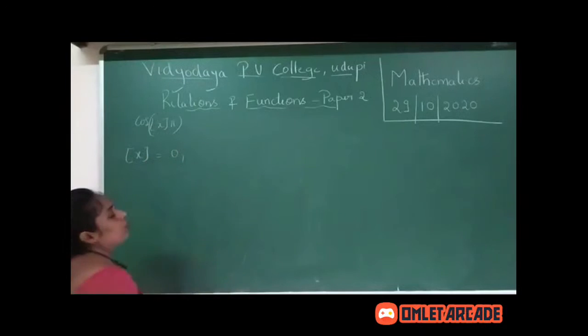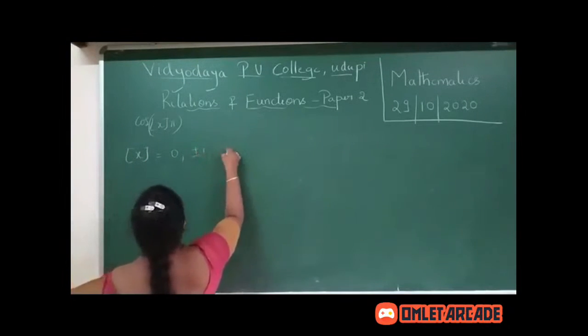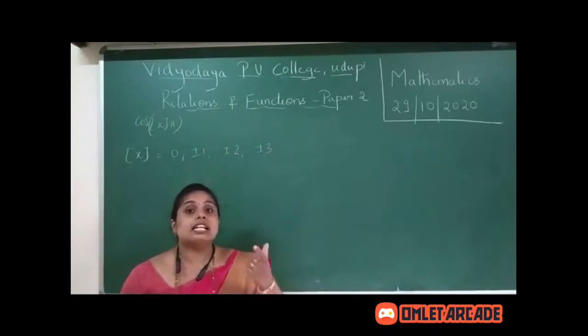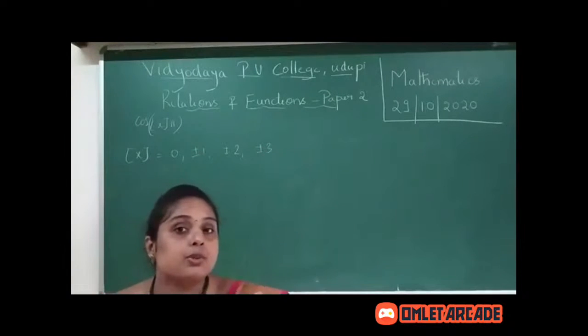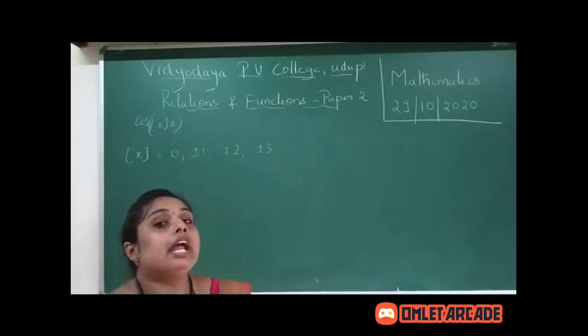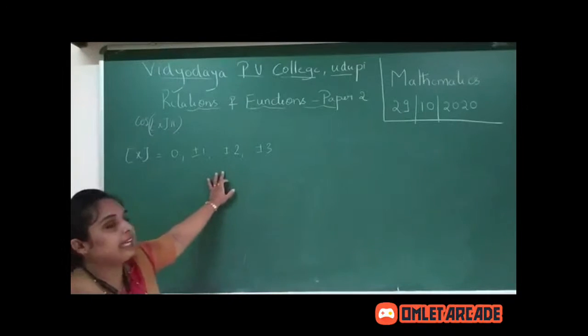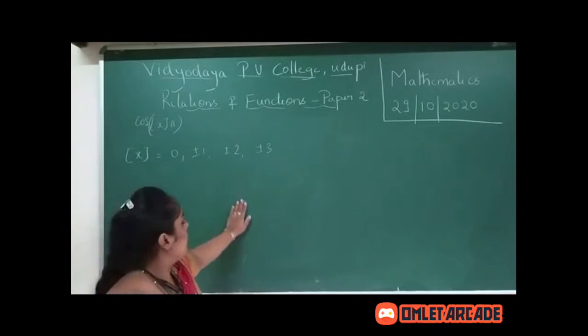Yes, it can be 0. It can be plus or minus 1, plus or minus 2, plus or minus 3 and so on. Because that is the greatest integer. It does not assume any decimal fractions. It only assumes integers. Okay, so it can take these values.